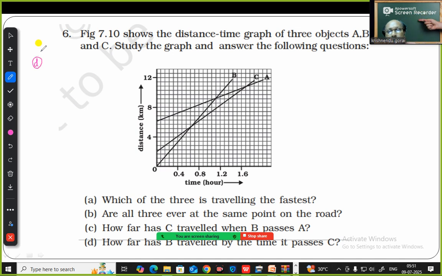How far has B travelled by the time it passes C? B passes C means this point, this is the point.